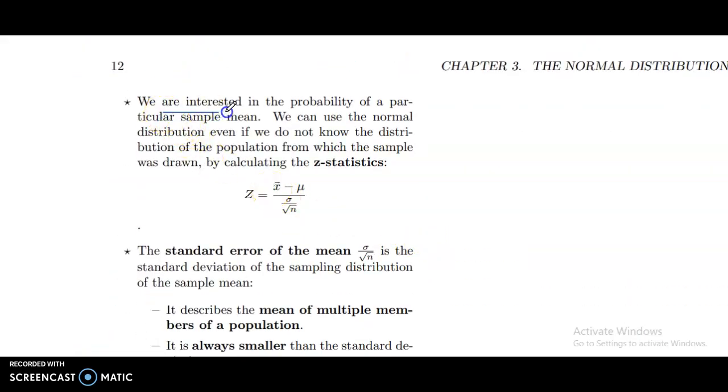We are interested in the probability of a particular sample mean.